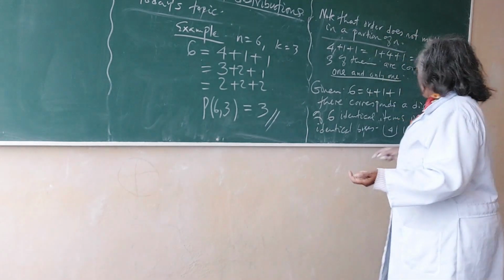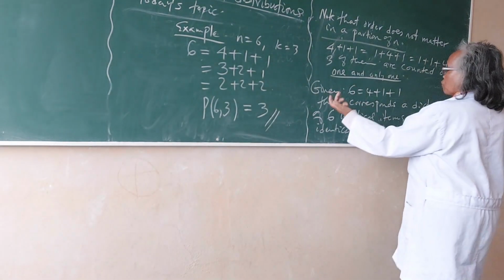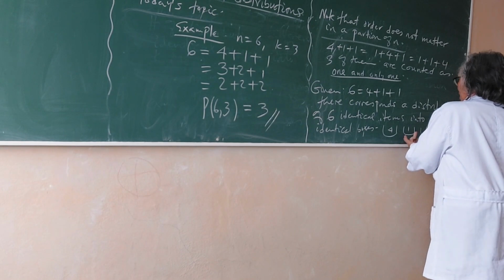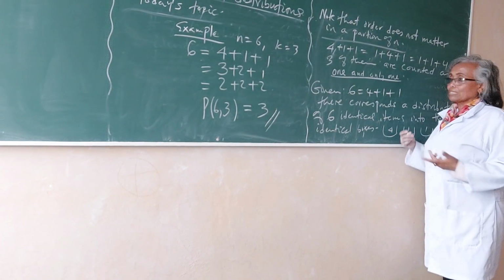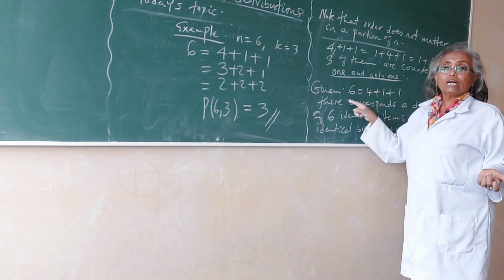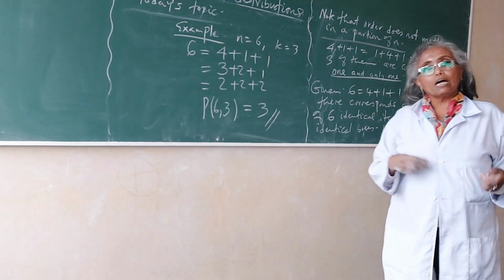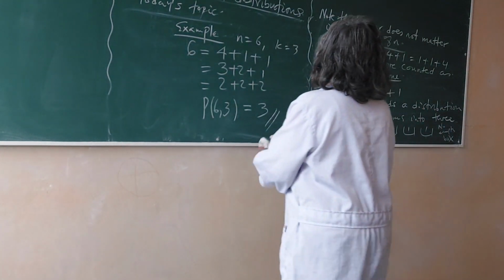It's a single partition of 6 by definition. Therefore, from the partition of the integer, I got a distribution where none of the boxes is empty. From a distribution where none of the boxes is empty, it is straightforward to determine a partition of 6 into 3.